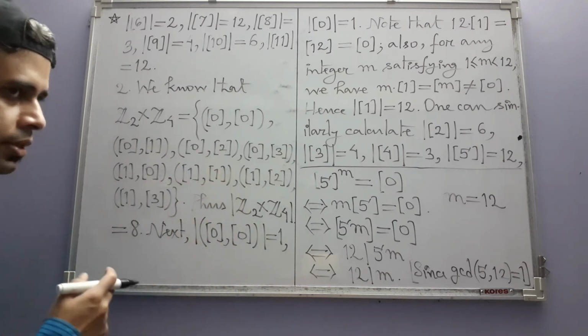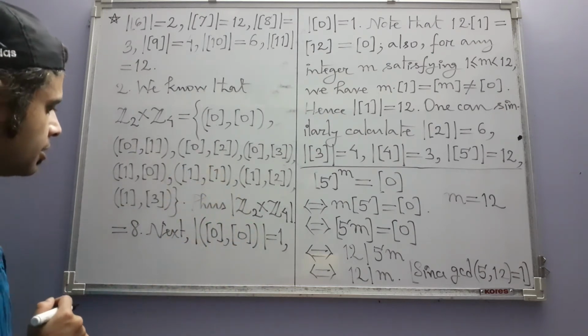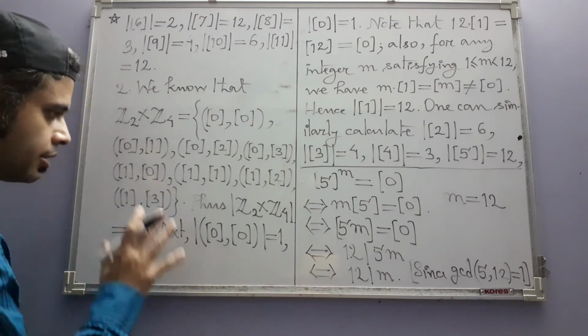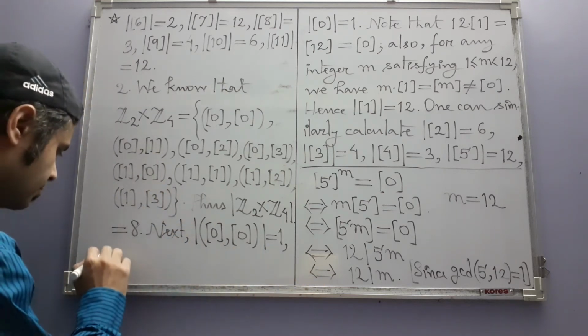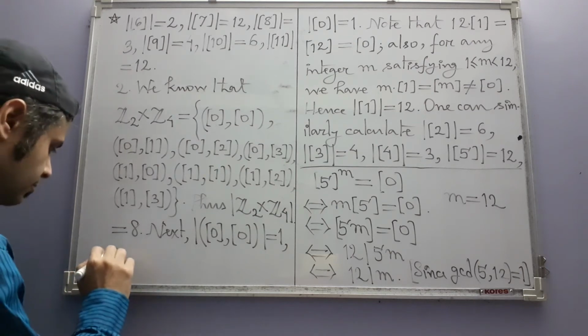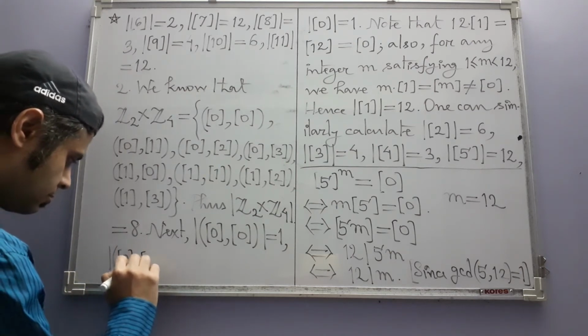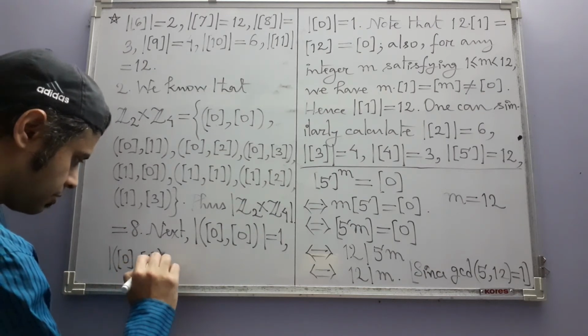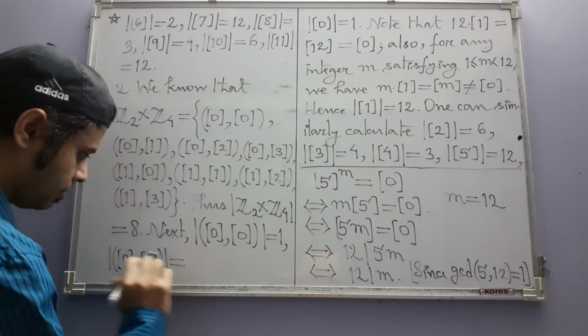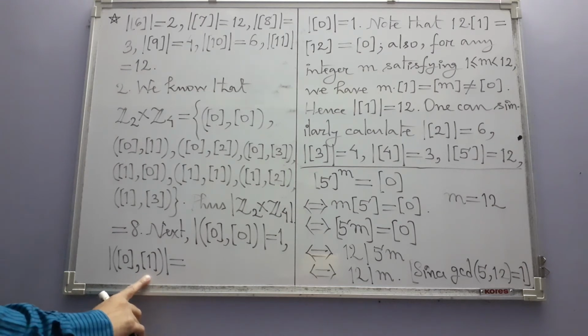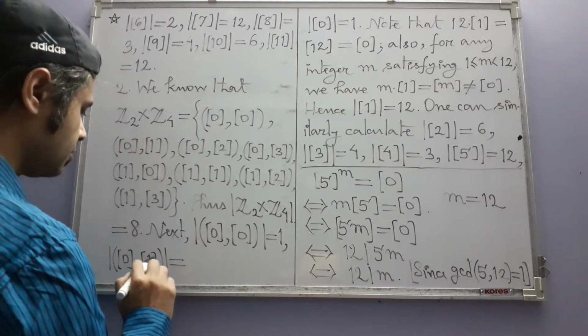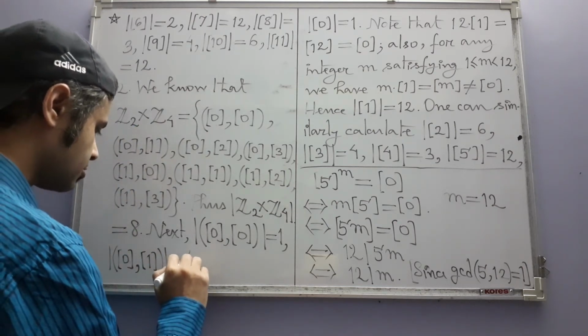You have to actually go through the calculations. You have to show all those calculations in the solution itself. Next, the order of this element (0, 1) is, because this 1 is coming from C4 and its order is 4, so this is 4.